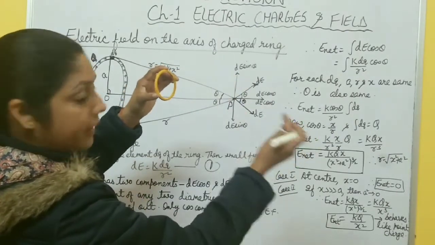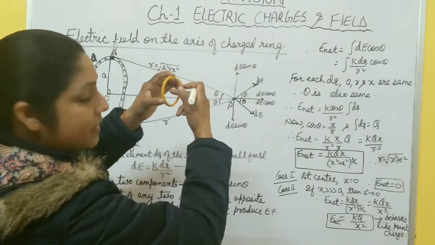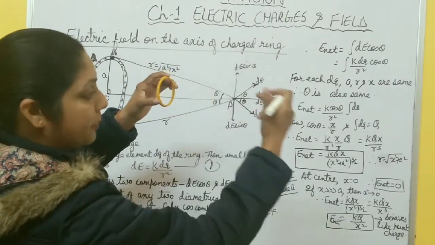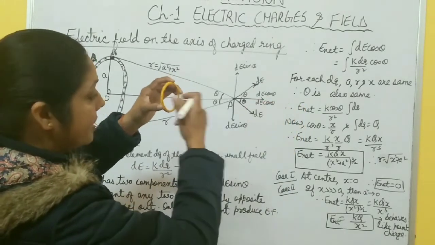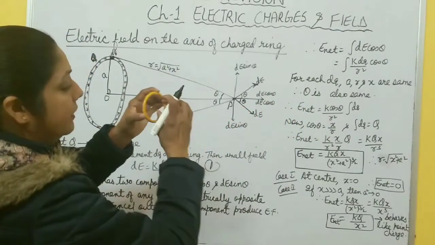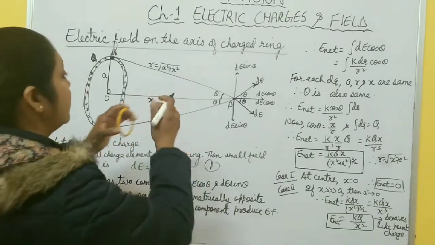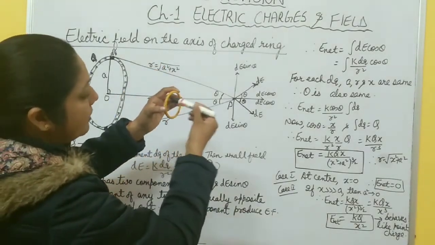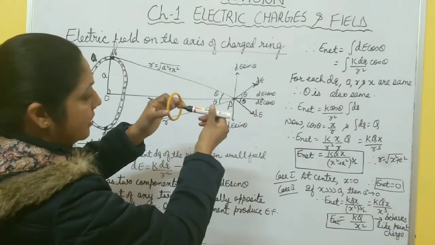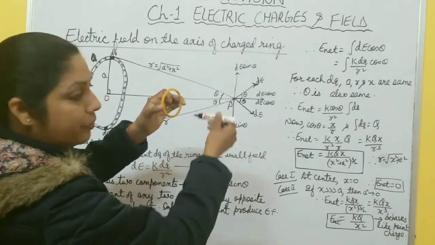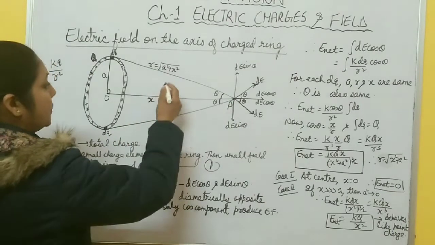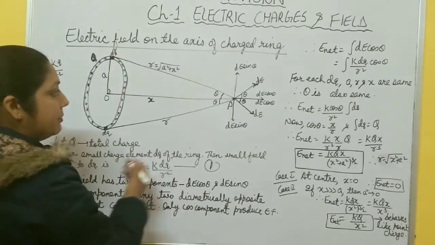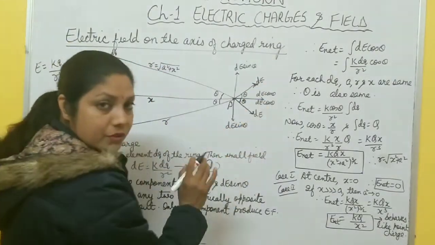The distance is the same because the distance from the center to the point at which the field is determined is always x, and the radius is always a. So this distance never changes; from every point on the ring to the axis point, the distance is r. If the distance is the same and the charge element is the same, the electric field is also the same.